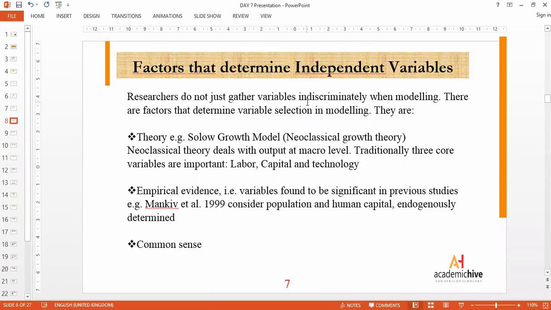With child labor, you can ask yourself, how do you want to define child labor? Do you want it to be paid employment, or just any kind of employment that the child undertakes, whether it's paid or unpaid? So those are the ways you can also determine your own variable. Common sense can come in here as well.